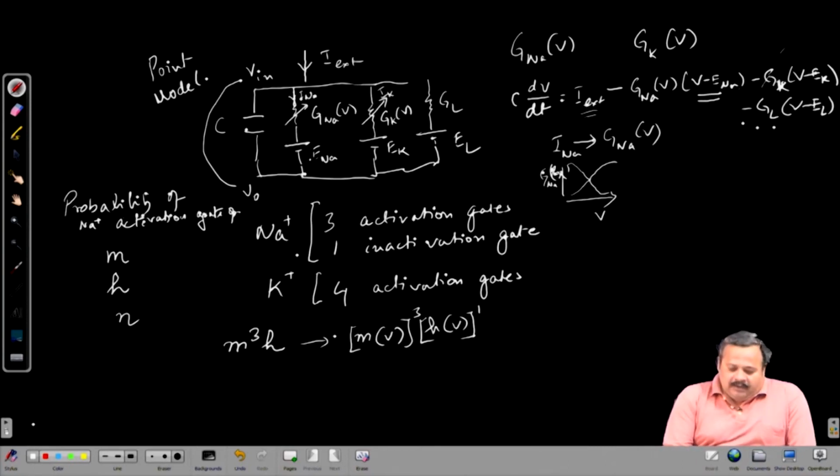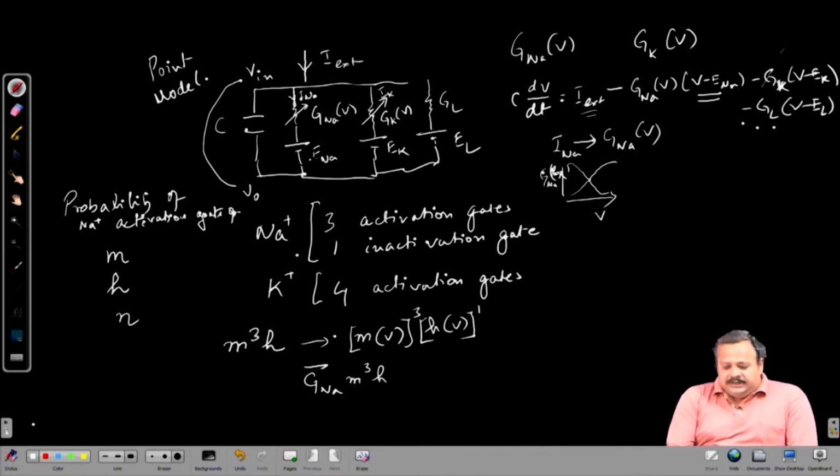If we can measure the total sodium conductance of the neuron, that is, the conductance when all the sodium ion channels are open, and call it GNA bar, then for a particular value of M and H, on average we will have the sodium conductance be GNA bar times M cube H, where implicitly these are functions of voltage.